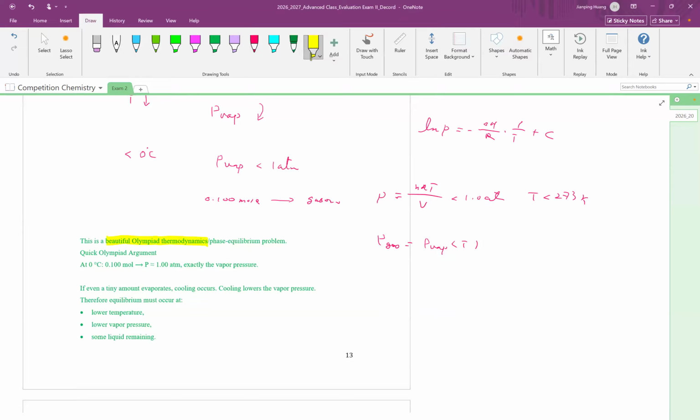If I were you, I would look at the last 10 years, find all these questions, and compare them to find the direction. At 0 degrees, this equals 1 atm, which means vapor pressure. Now, any tiny amount can evaporate. The cooling lowers the vapor pressure. Therefore, at low temperature and low pressure, some liquid remains. That's the one.